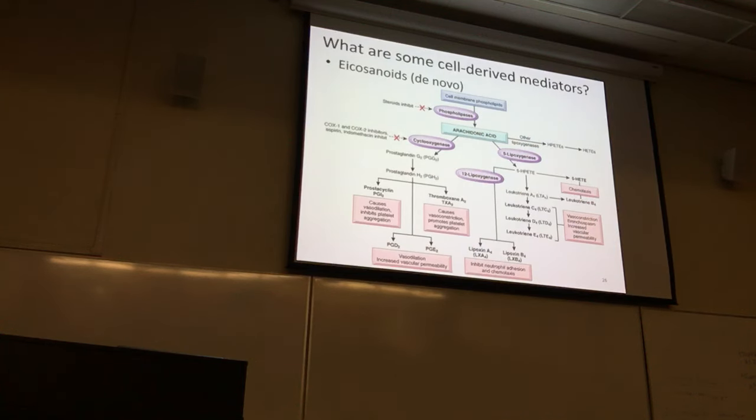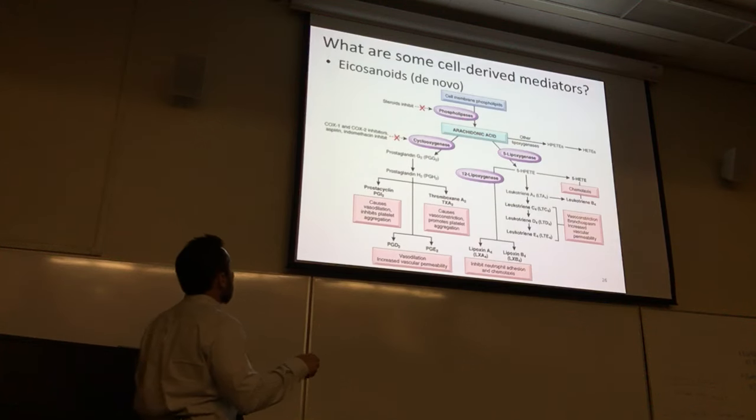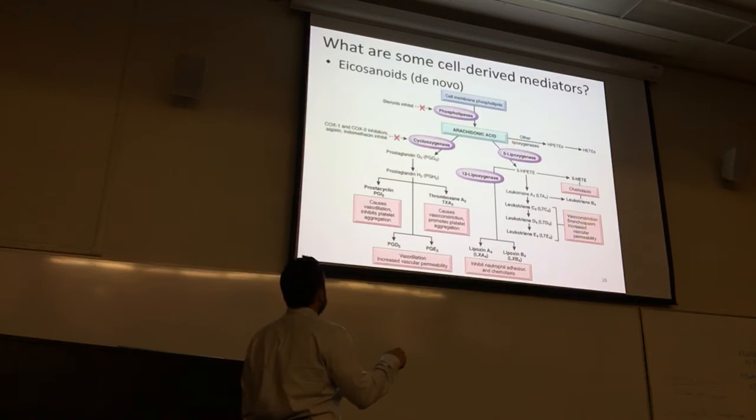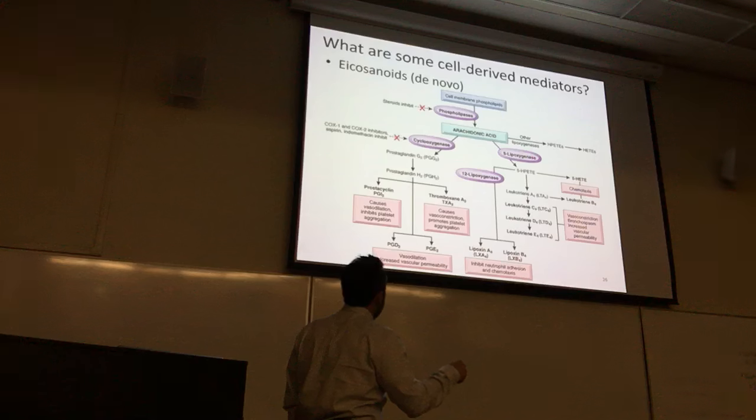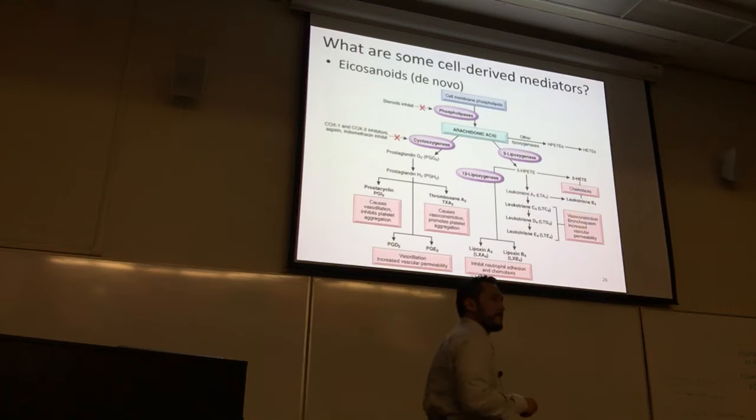They're manufactured from the phospholipid bilayer. You take the phospholipid bilayer, use a phospholipase, and you make what's known as arachidonic acid. And arachidonic acid is this intermediate that goes down this pathway to the left or this pathway to the right. Okay?